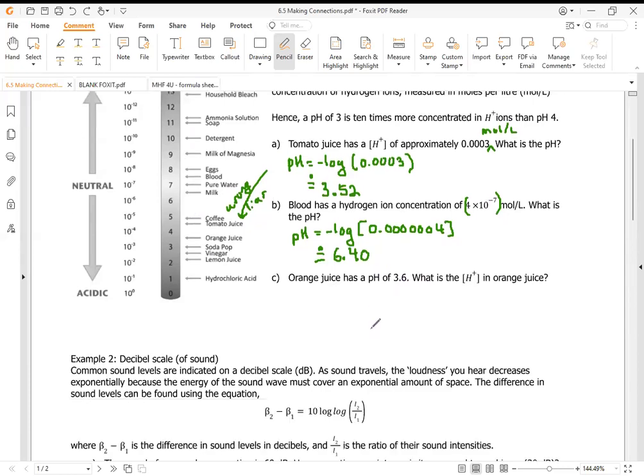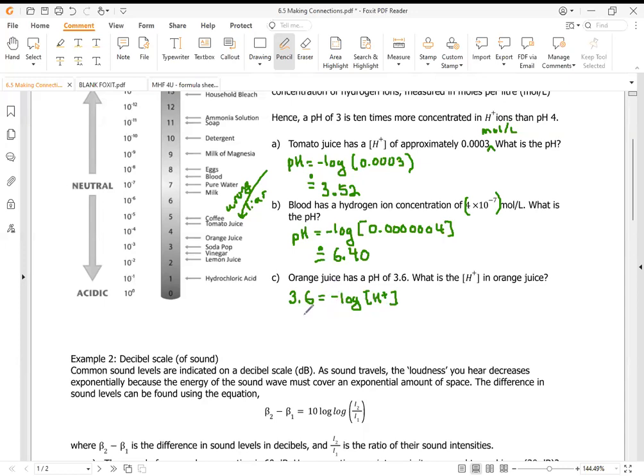Same thing. Please consider the reverse though, just as an exercise. If I gave you the pH as 3.6, what is the concentration? Using what we've learned in class, you should be able to convert this into an exponent. Best way to do it is, let's get rid of the -1.